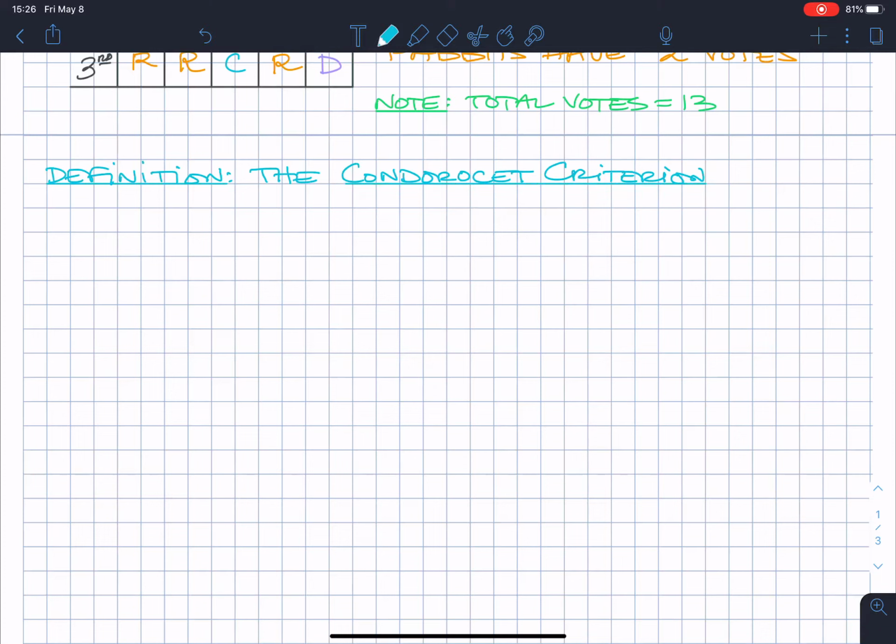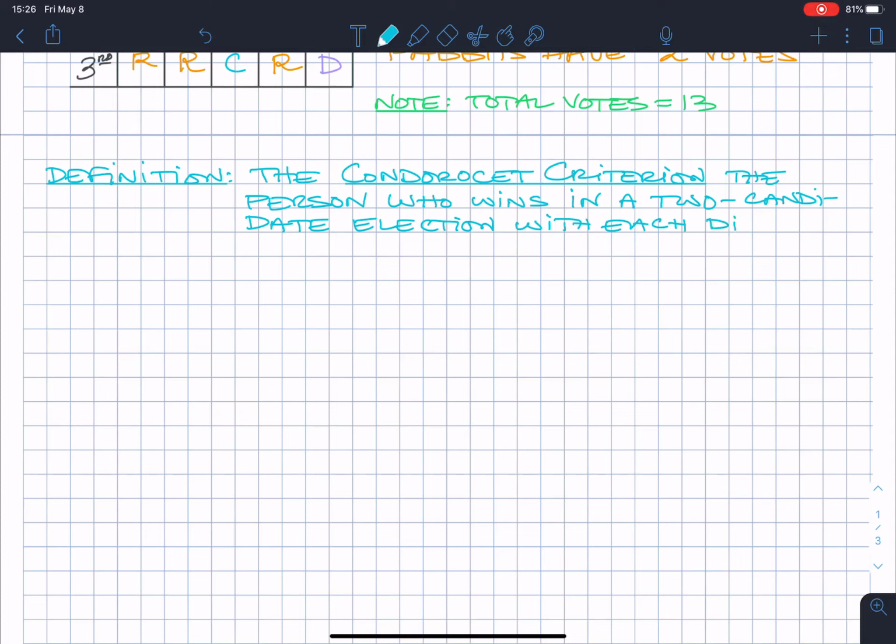The Condorcet criterion states that the person who wins in a 2-candidate election with each distinct other candidate wins overall.